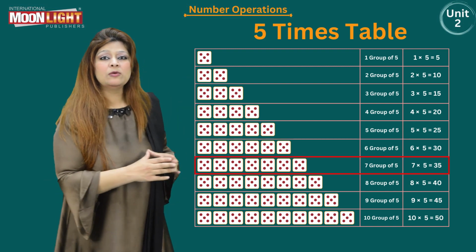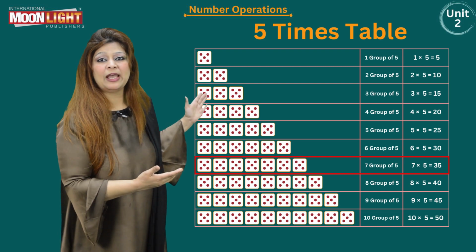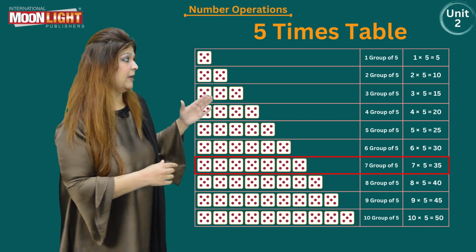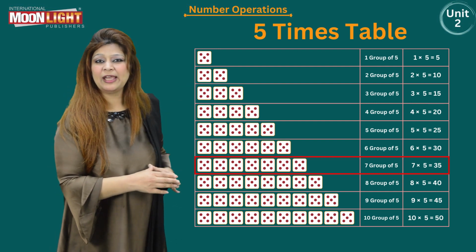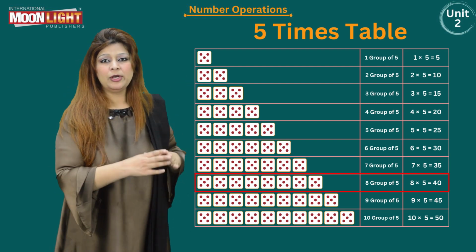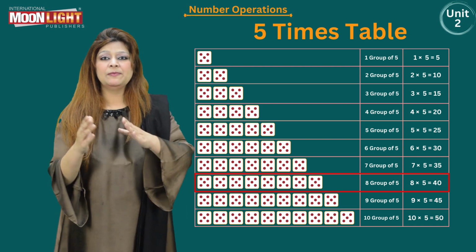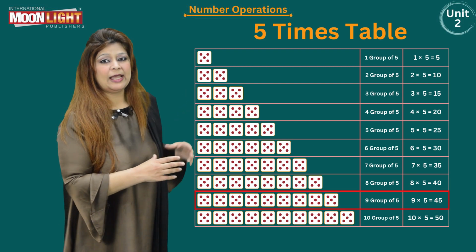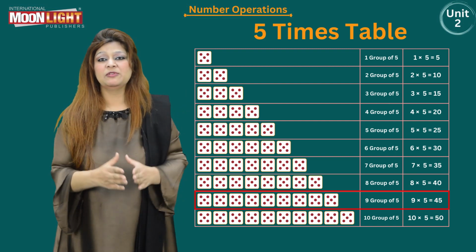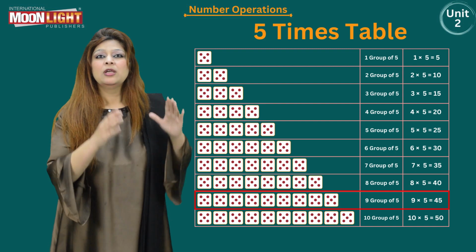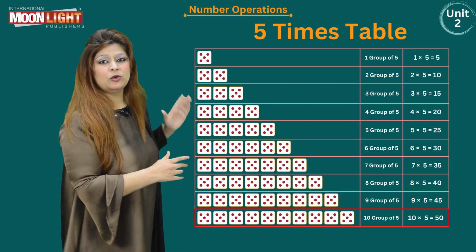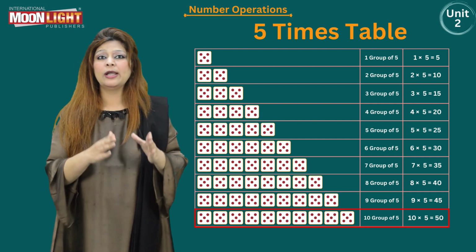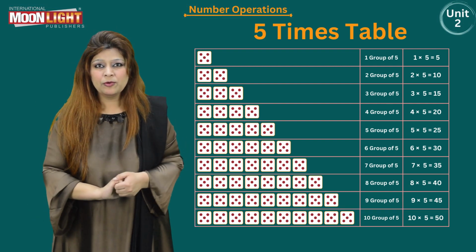Now 7 groups of 5, or 7 times 5, is equal to 35. 8 groups of 5, or 8 times 5, is equal to 40. 9 groups of 5, or 9 times 5, is equal to 45. Now you can check: 10 groups of 5, or 10 times 5, is equal to 50.